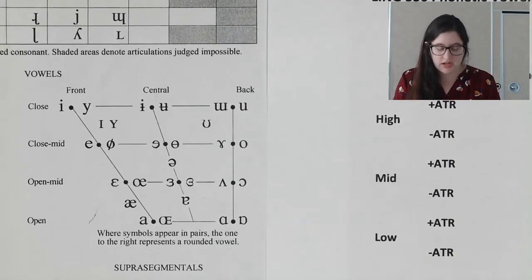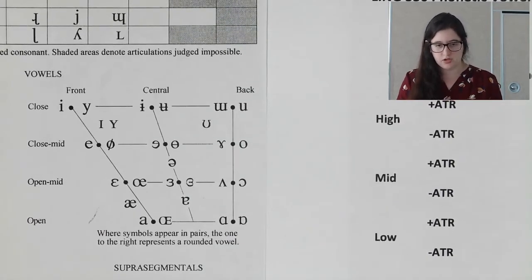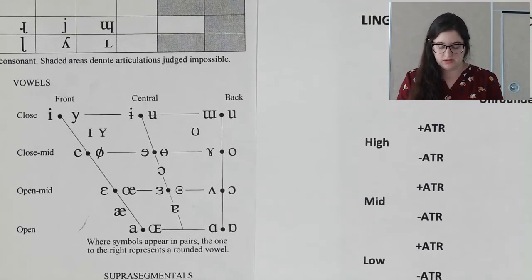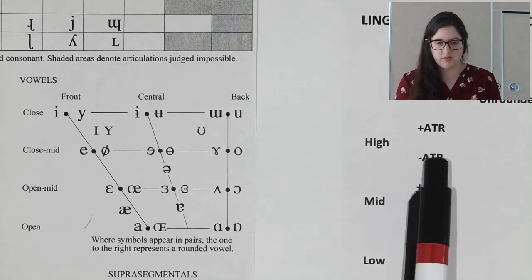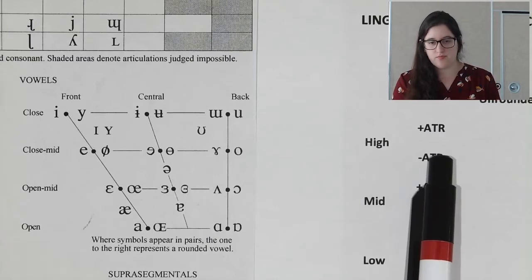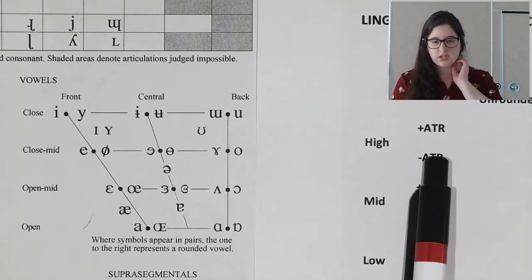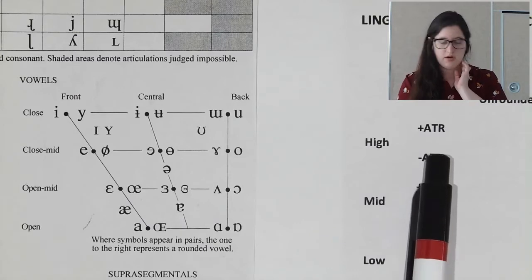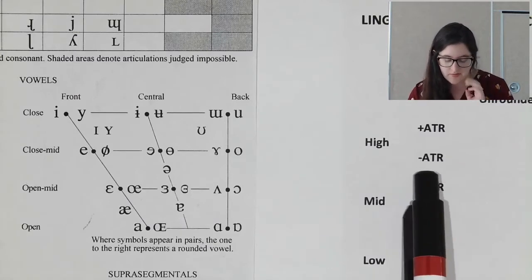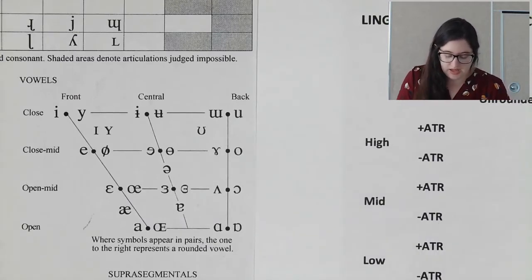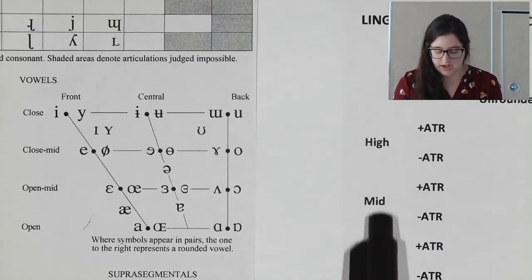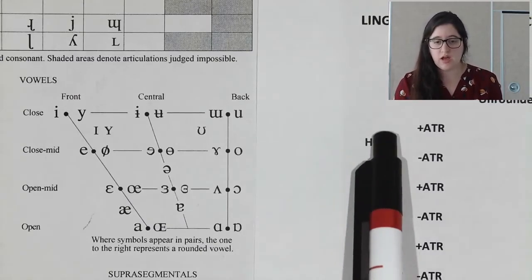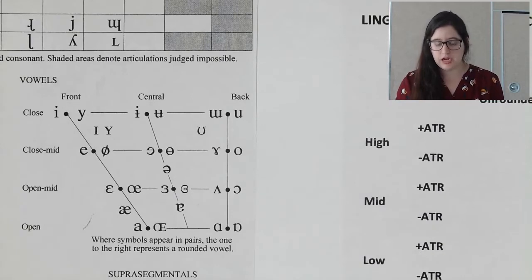Now, another characteristic that you might see referred to for vowels is ATR. That refers to essentially something that your tongue root is doing, way down in your throat at the base of your tongue. And in vowel naming systems where they use high, mid, and low, you'll generally see ATR used as well.